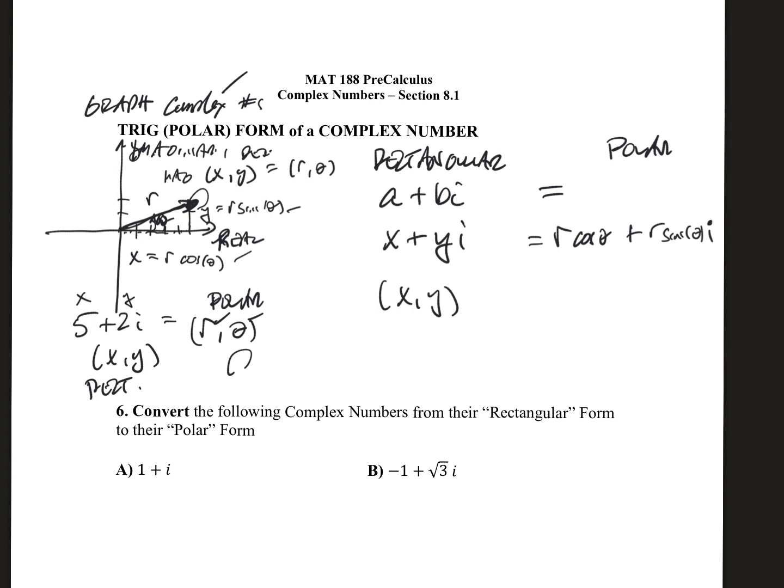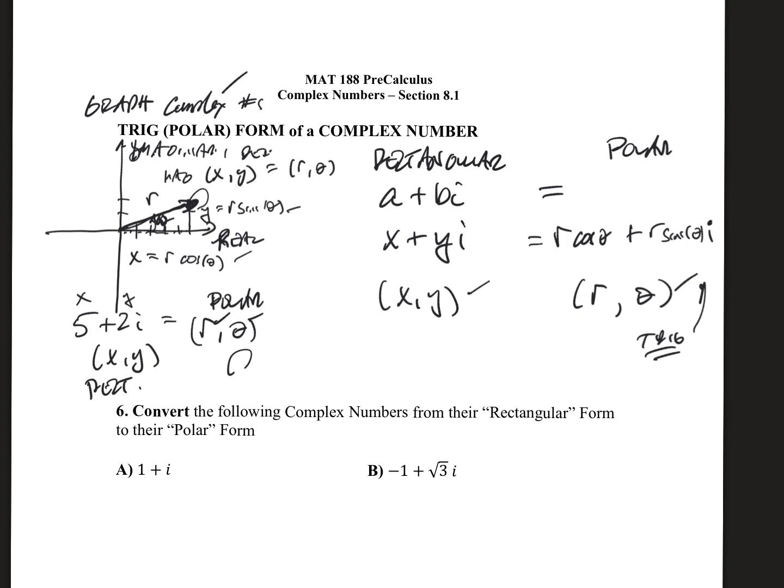In polar form, r tells us how far we are from the origin, and theta tells us how far we rotated. So we can describe the same point in rectangular form or in polar form, which, as we see, involves our trigonometry, our sines and our cosines.